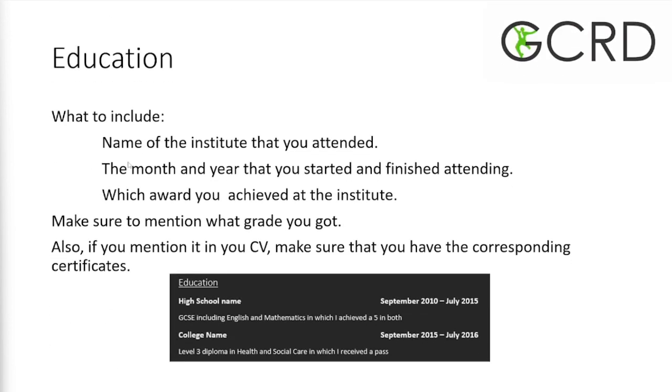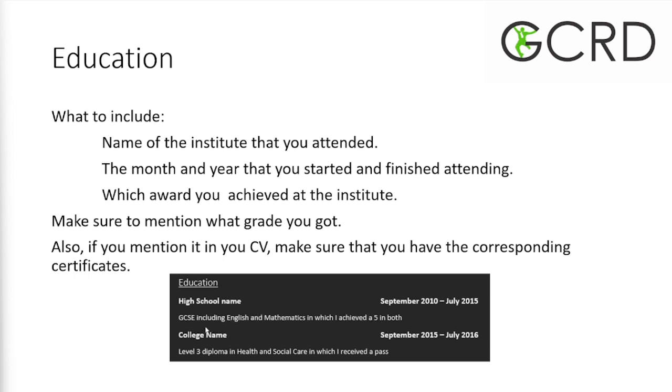So in the education section, make sure you write the name of the high school or college you went to, the month and the year that you started and ended, and make it look like this. So September 2010 to July 2015. Also include what award you got from that institute. So for example, in high school you do GCSEs, and the main ones you want to include are English and maths, and also say what you got in those.